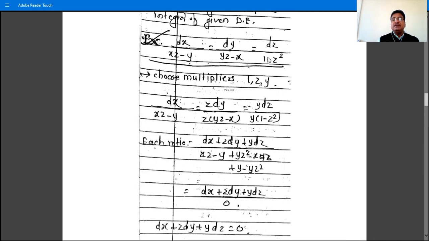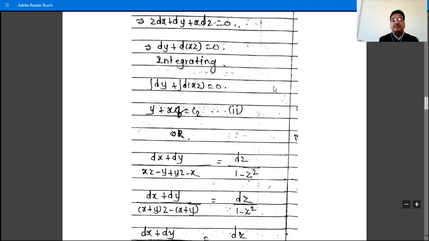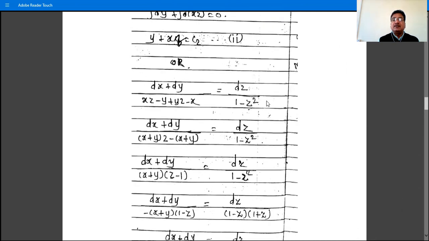So the sub method of method number 2 is to choose multipliers and take in the place of each ratio either the first, second or third ratio. So in this example, the third ratio is considered in the place of each ratio, and multipliers are 1, 1 and 0. And therefore, dx plus dy divided by this quantity.